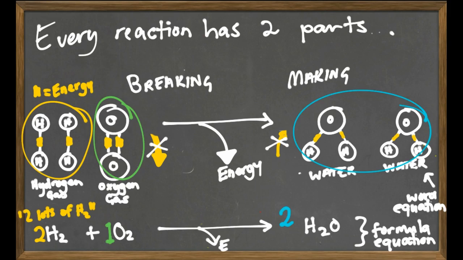I only have one lot of oxygen, so I put a 1 in front of the O2, or like in algebra, we don't even use the 1, we often just leave it out. If there's no number in front of it, that means that there's one of it. Lastly, there's two lots of water molecules there, so we put a 2 in front of the H2O. We call this a balanced formula equation.